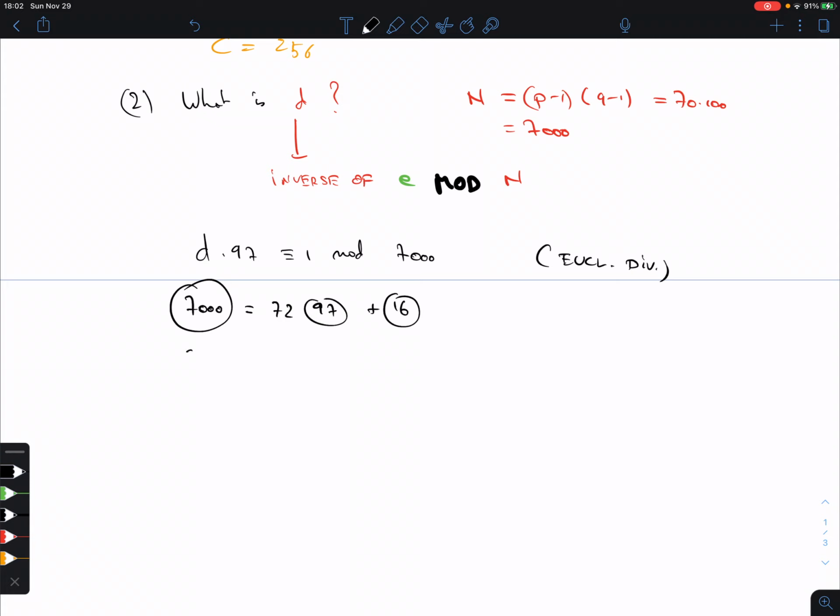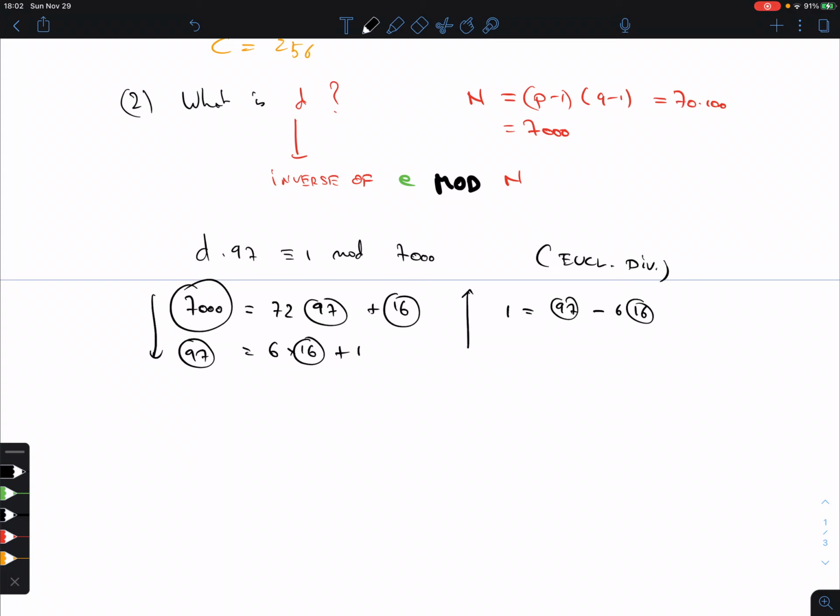So now we do 97 divided by 16. That is 6 times 16, which is 96 plus 1. Oh, that is rather quick that we got to our solution. So we see that 1 is equal to 97 minus 6 times 16. So now this was the forward calculation, this is the backward calculation.